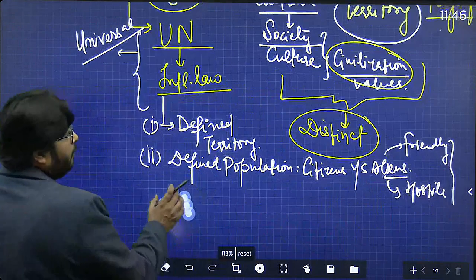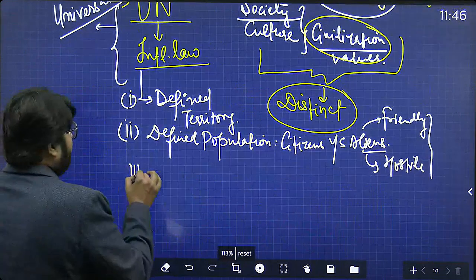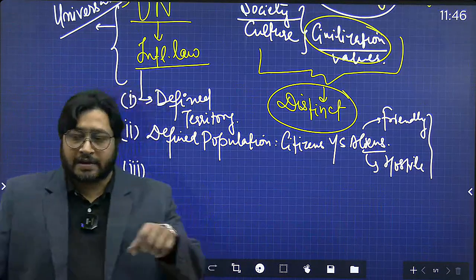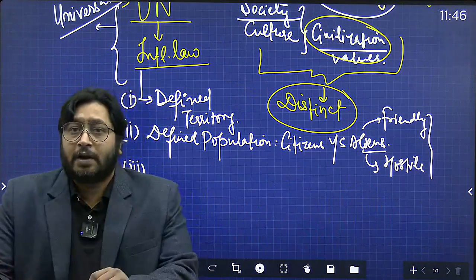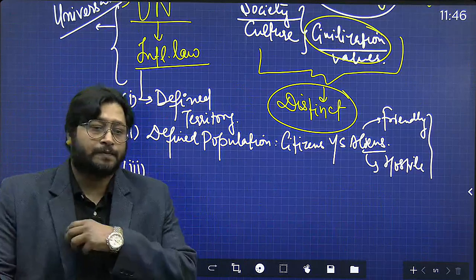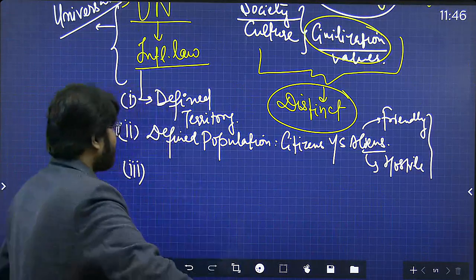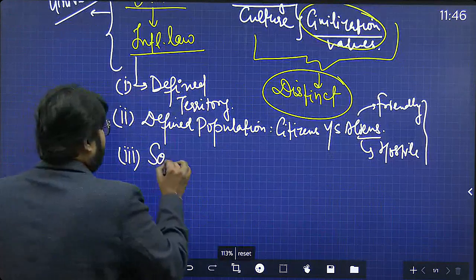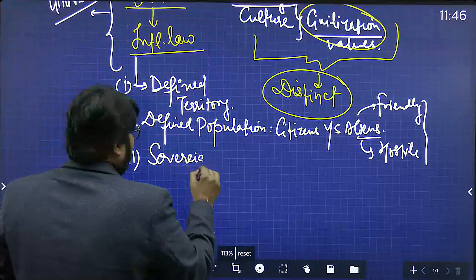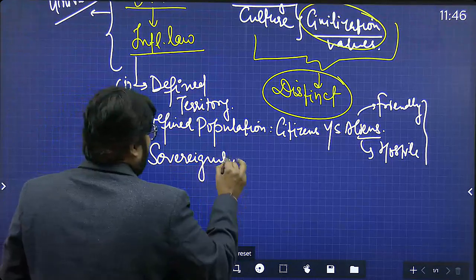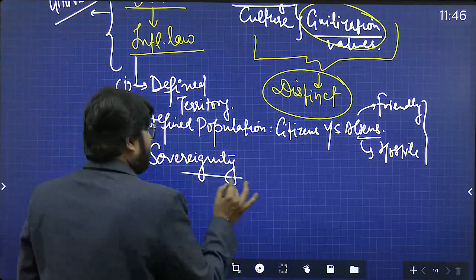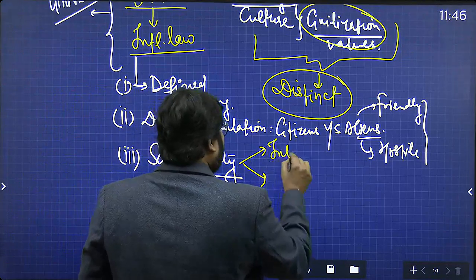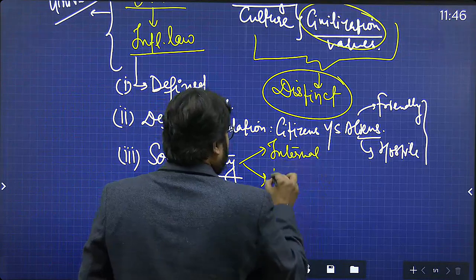So defined population helps us understand the rights, duties and obligations of a state with respect to its population. Then you have sovereignty. Obviously, sovereignty, as we have talked about, will be both internal and external.